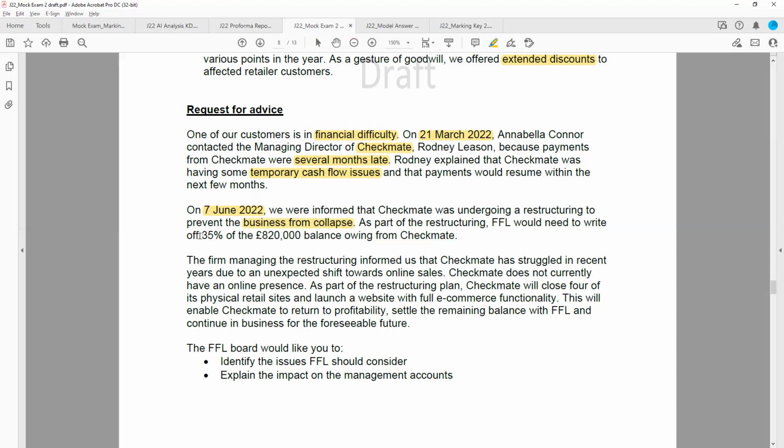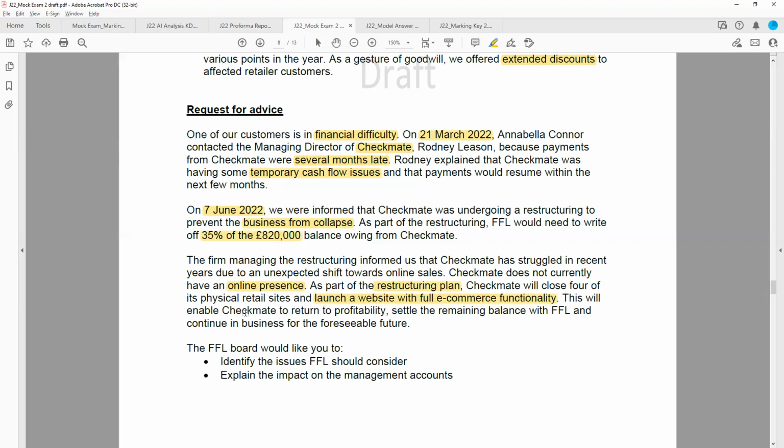As a result of the restructuring, FFL would need to write off 35% of the 820k balance owing from Checkmate. The firm managing the restructuring informed us that Checkmate has struggled in recent years due to an unexpected shift towards online sales. Checkmate does not have an online presence currently, but as part of the restructuring plan, they will close 4 of its physical retail sites and launch a website with full e-commerce functionality.